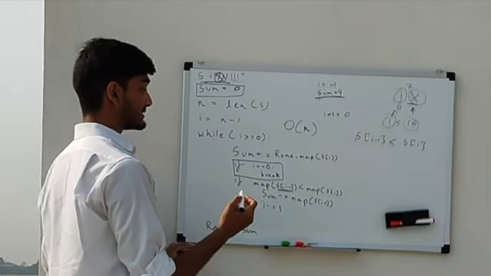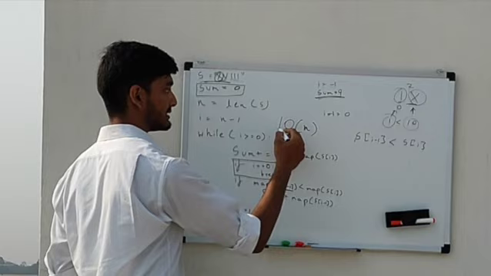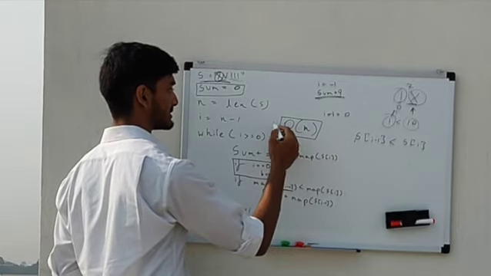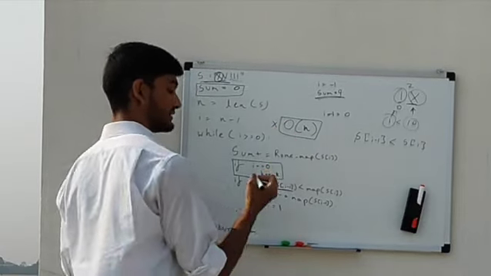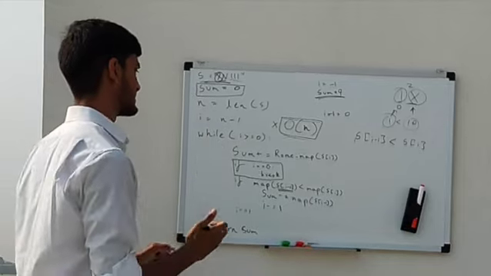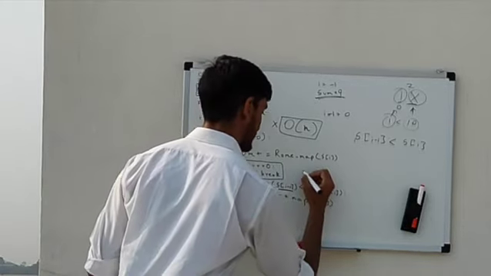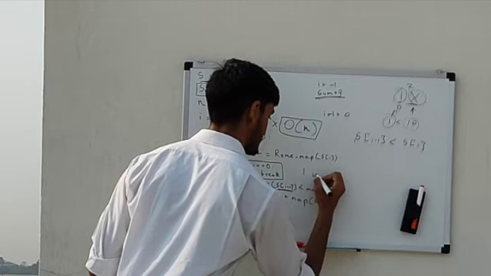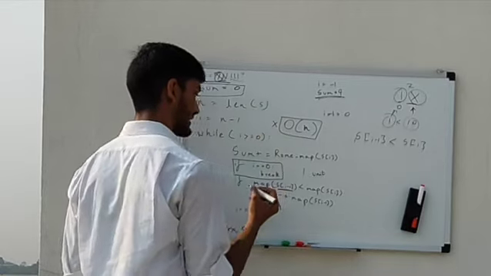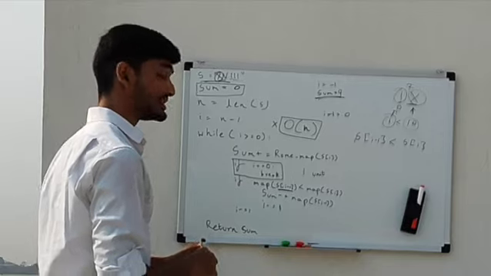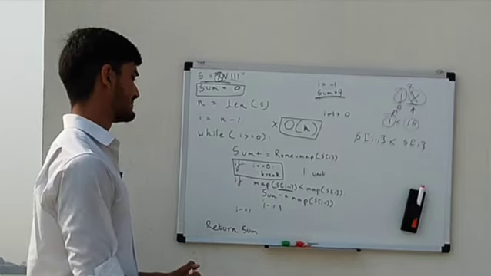But the problem is, if we neglect the asymptotic notation for a second, if we just ignore O of n for a second, this particular condition will take 1 unit of time to be executed, as every condition should.